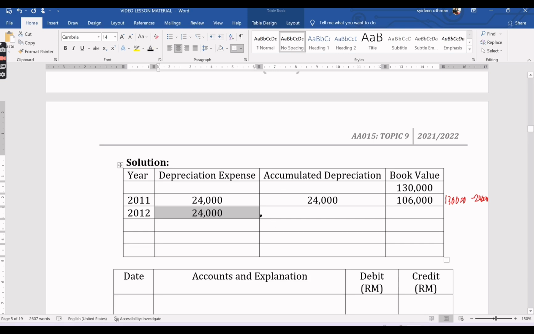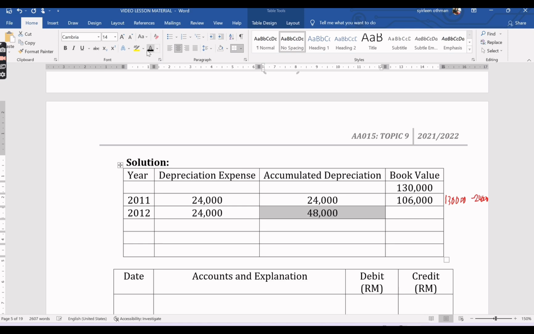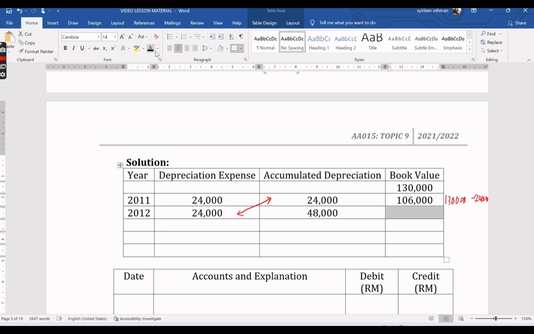Accumulated means we collect the value from the current year together with the previous years. So this one will be 48,000. That means you take 24,000, which is the depreciation expense for this year, and add the accumulated depreciation of the previous years. For this year, your book value will be 82,000.